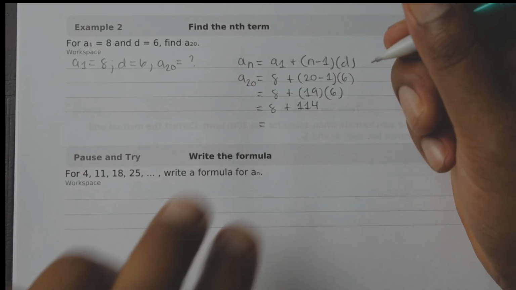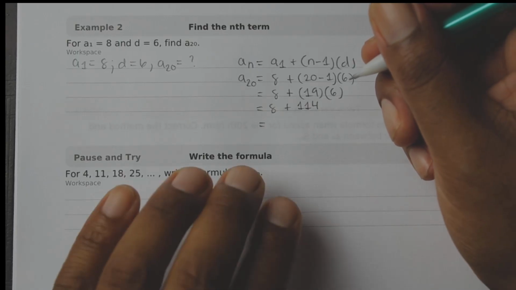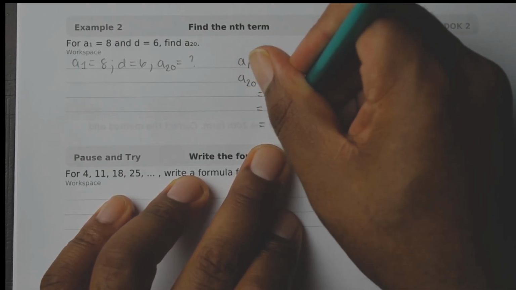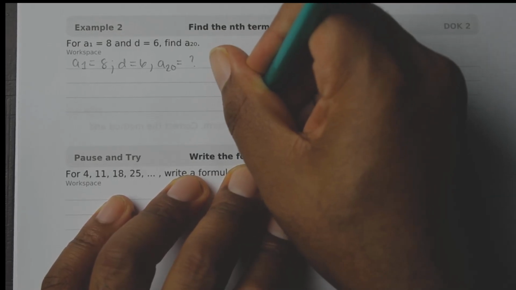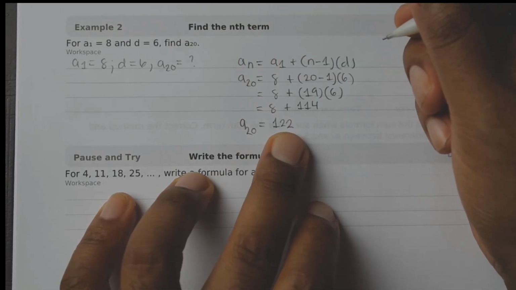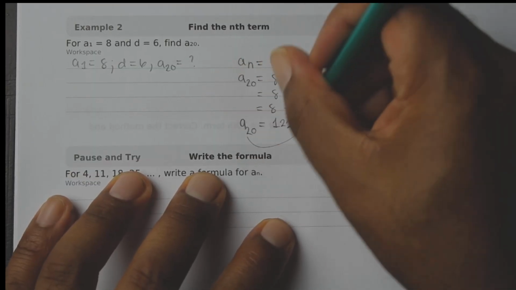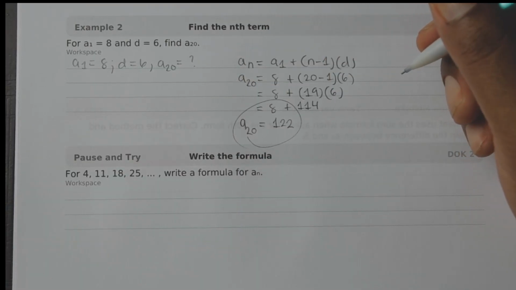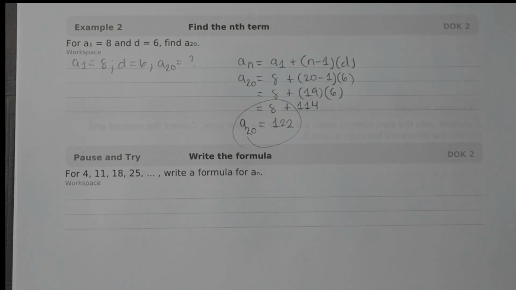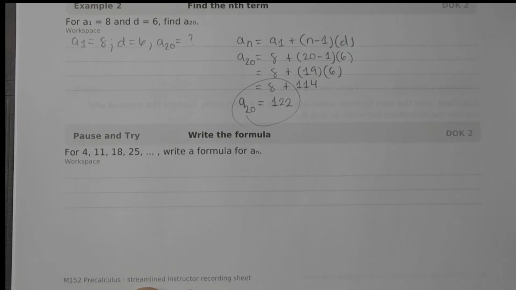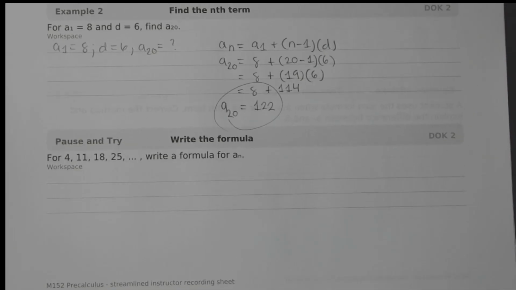Combining these together, we end up with 122. So a sub 20 is equal to 122. Notice that we did not add the first 20 terms. We didn't have to do that. We could just find that one particular term. Okay, so pause and try the problem at the bottom.